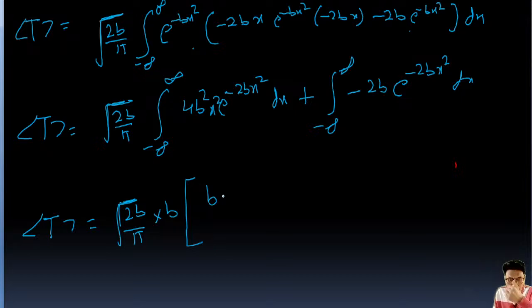So this is going to be b is here, 4b, okay, and we'll write here the value.